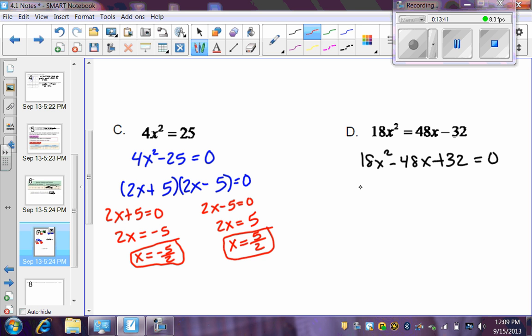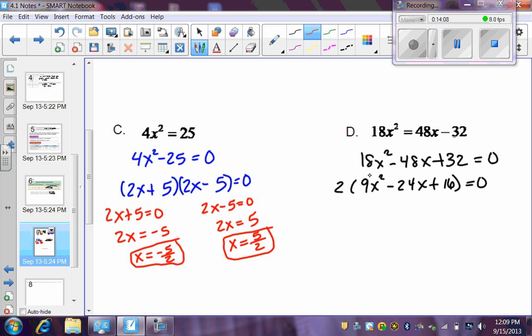Next thing I'm going to do, before I even try and factor this, is check to see if there's a greatest common factor to make my life easier and make my numbers smaller. So the greatest common factor between 18, 48, and 32 would be a 2. So I'm going to go ahead and factor that out. That gives me 9x squared minus 24x plus 16.